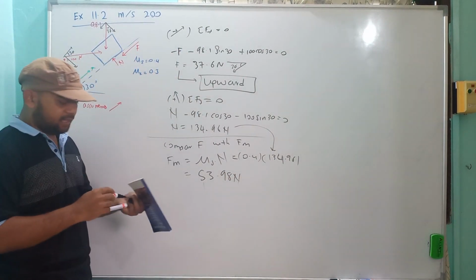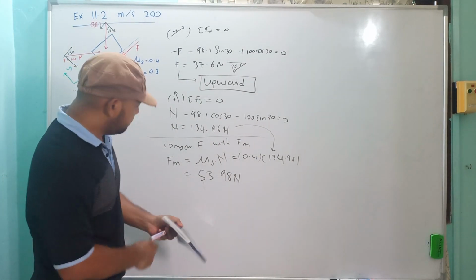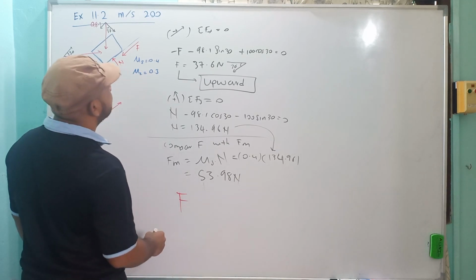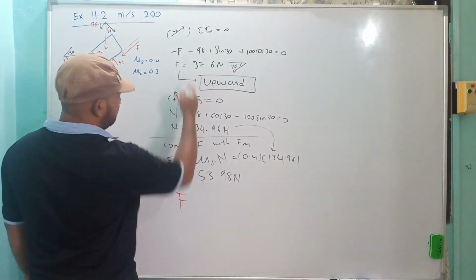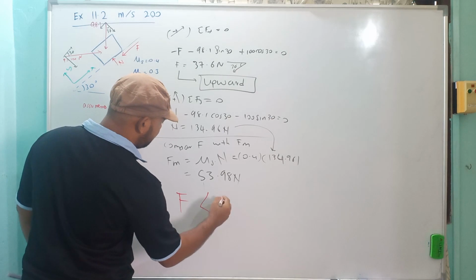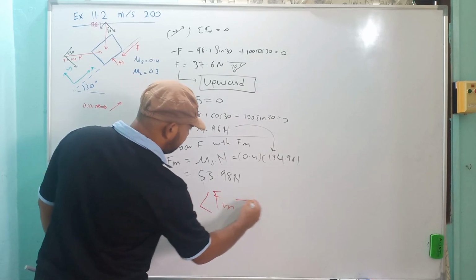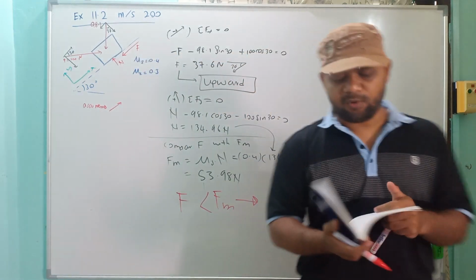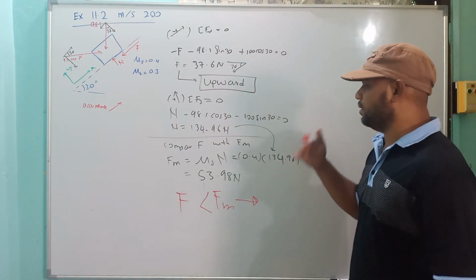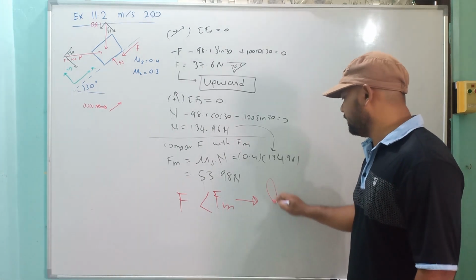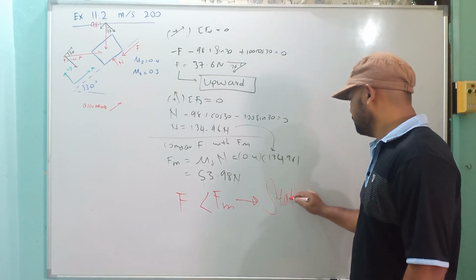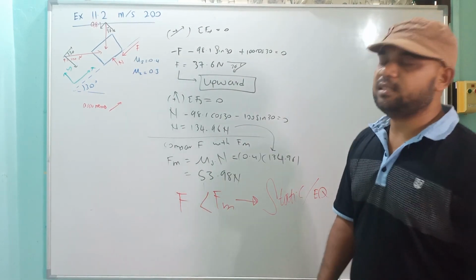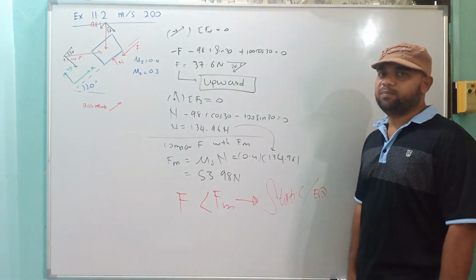Okay, so now F is 37, so F is lower than Fm. So F is smaller than Fm, meaning that the whole component is still static, in equilibrium. So the system is still in equilibrium.